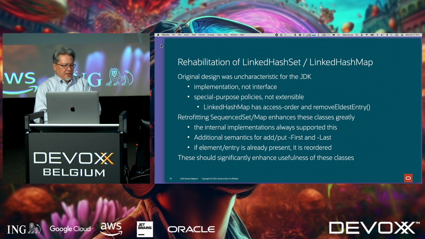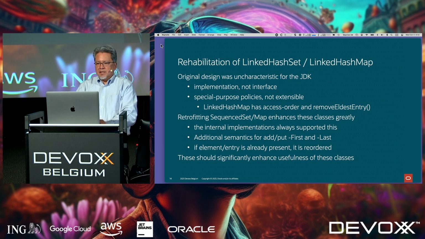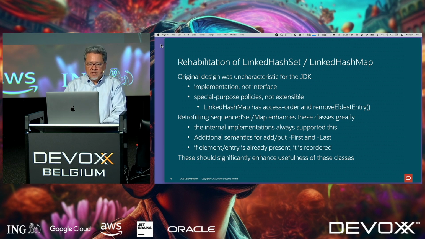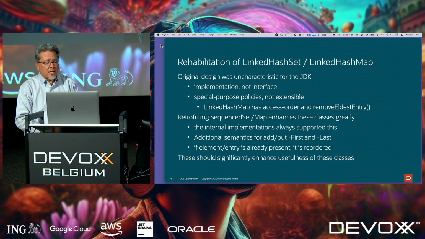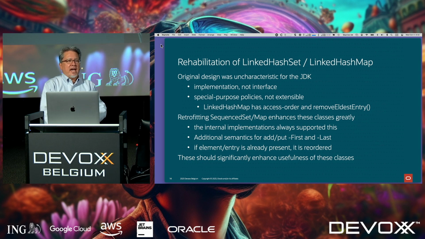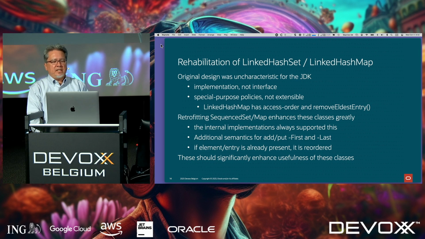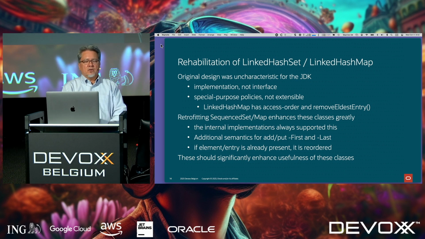In addition, both linked hash collections have additional semantics for adding and putting at the first and last, and they're very carefully specified. It basically says, if you do add first, the specification says, adds this element to this collection. After this method returns, the element will be in the first position in encounter order.